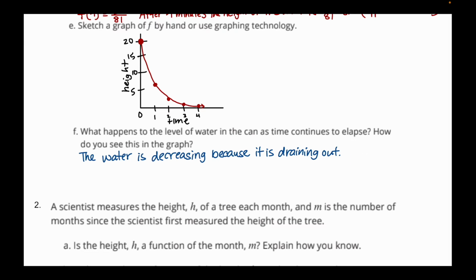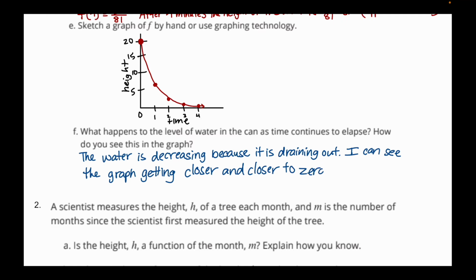So I said, I can see the graph getting closer to 0. Closer and closer to 0. Okay.